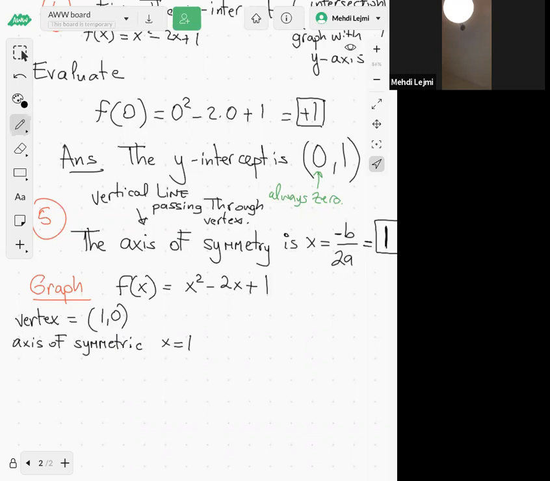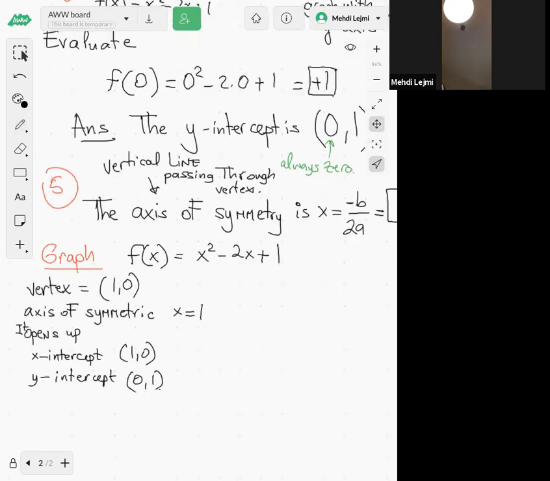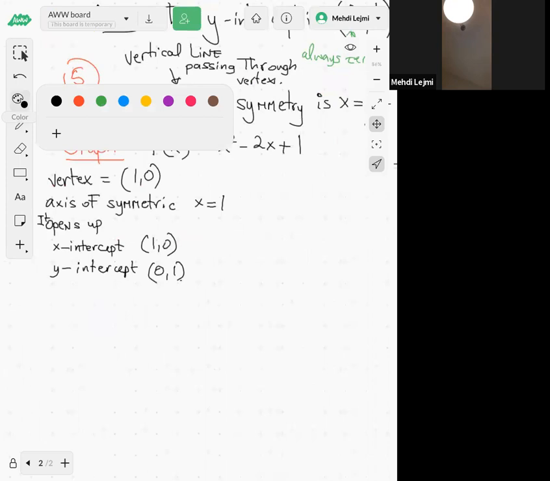It's a parabola which is going to open up. The x-intercept is just one point, which is 1, 0, the same as the vertex actually. And finally, the y-intercept is just 0, 1, right? So I'm going to plot these points and try to graph my quadratic function.